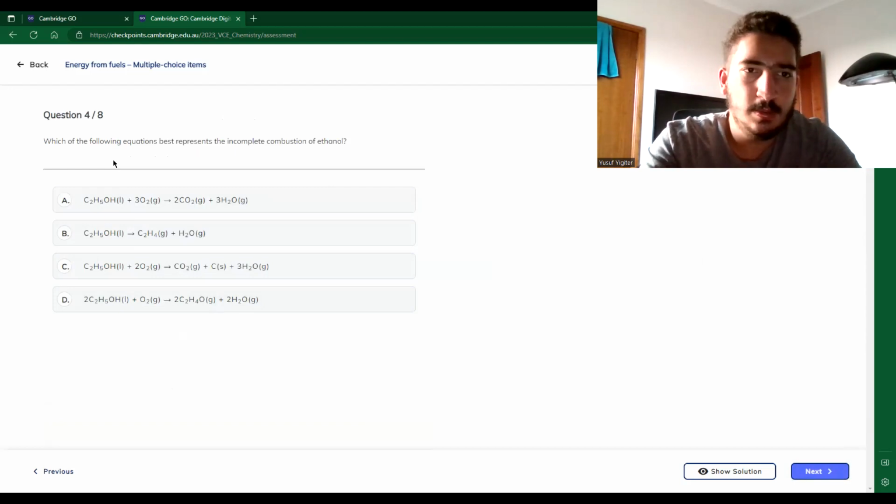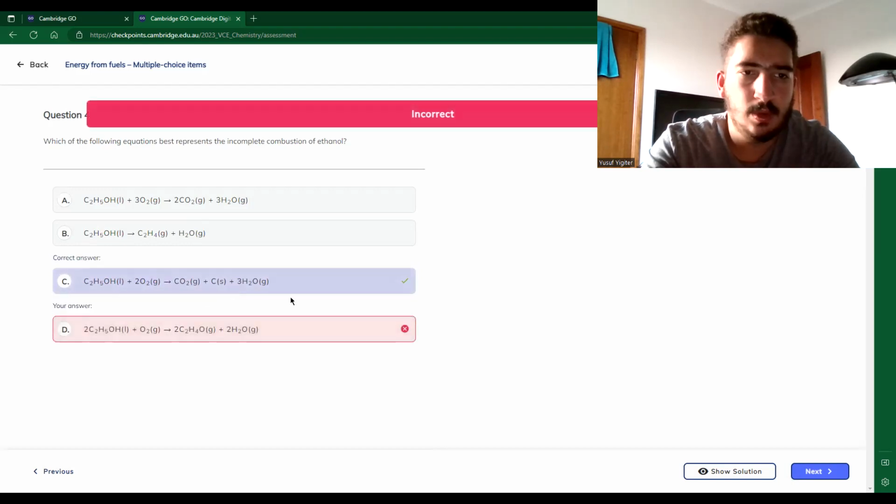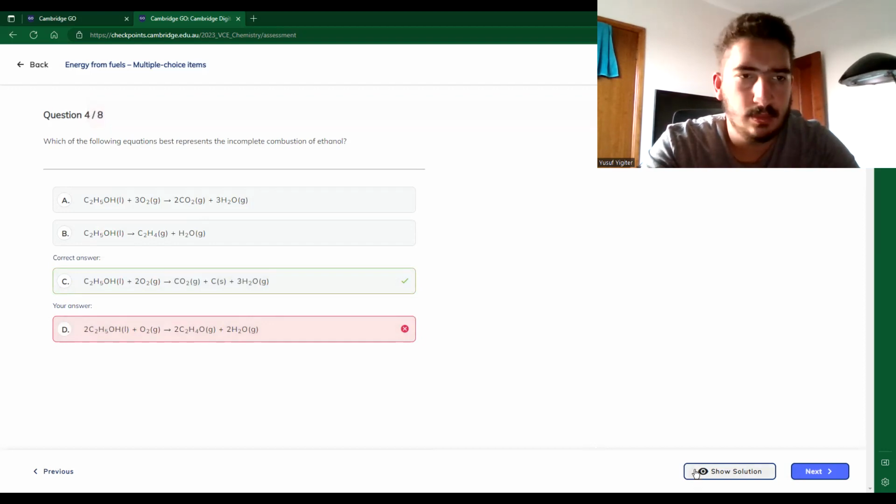Which of the following equations best represents the incomplete combustion of ethanol? No, it doesn't make CO2, it makes carbon monoxide.